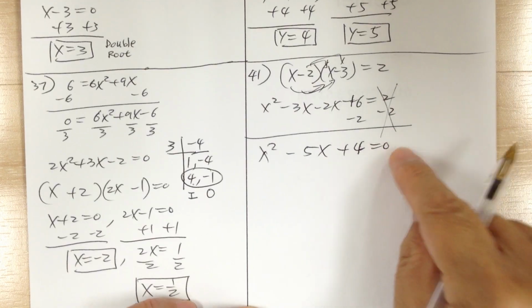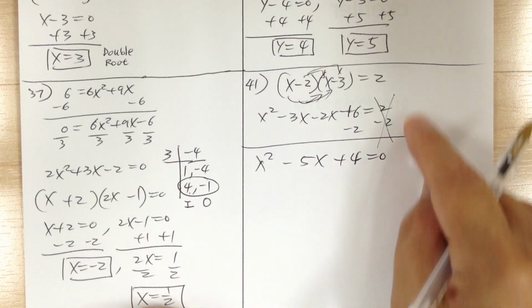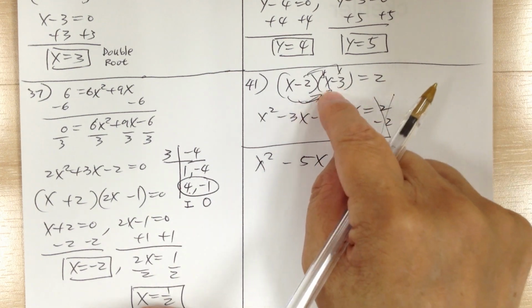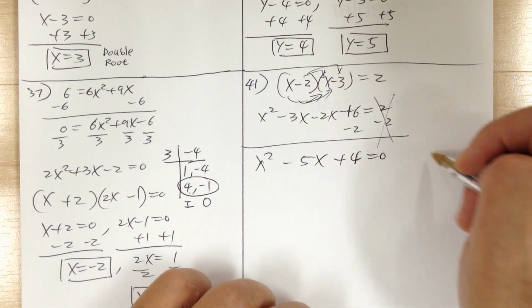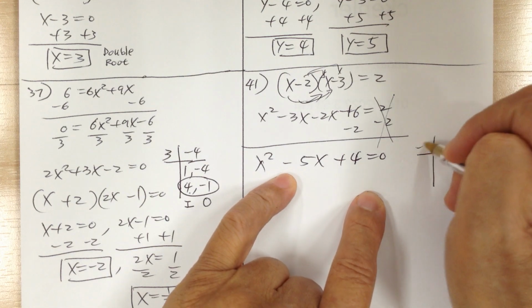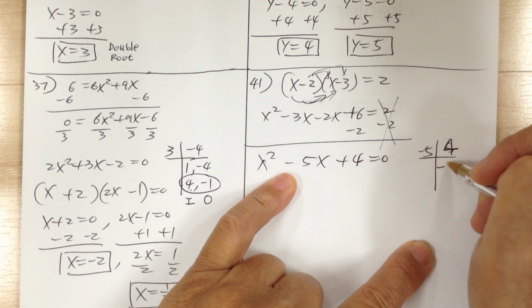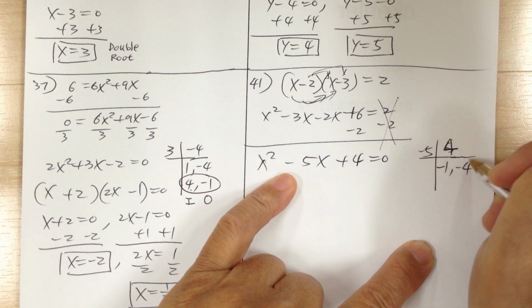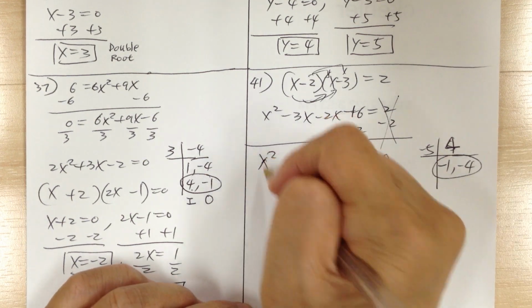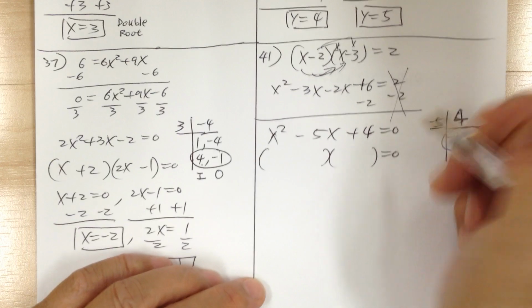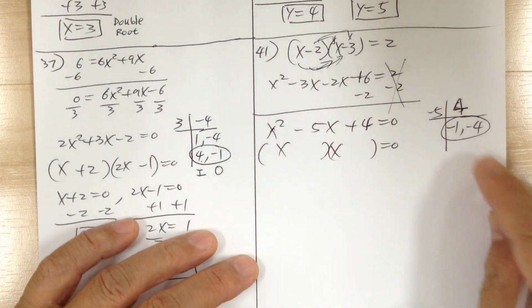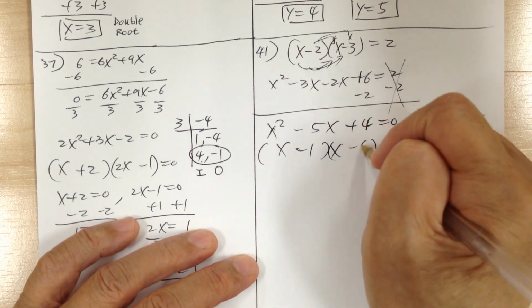So again, you have to have it equal to 0 before you can factor, okay? Because if it's not equal to 0, your factoring is no good. So you have to undo it. Okay, so you got negative 5 and 4. So negative 1 comma negative 4, and that's the correct combination already. So you're going to get x, and this one you're going to get minus 1 minus 4.